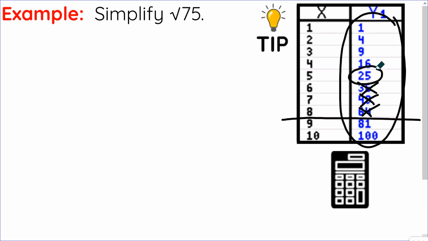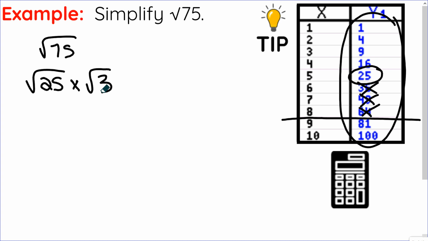So I'm going to write root 75 as the product of the perfect factor 25 and then multiplied by the leftovers. Now, how do I figure out the leftovers? Well, 25 times 3 is 75. So 3 would be the non-perfect factors. Now, the square root of 25 is 5, and I will multiply that by the square root of 3.